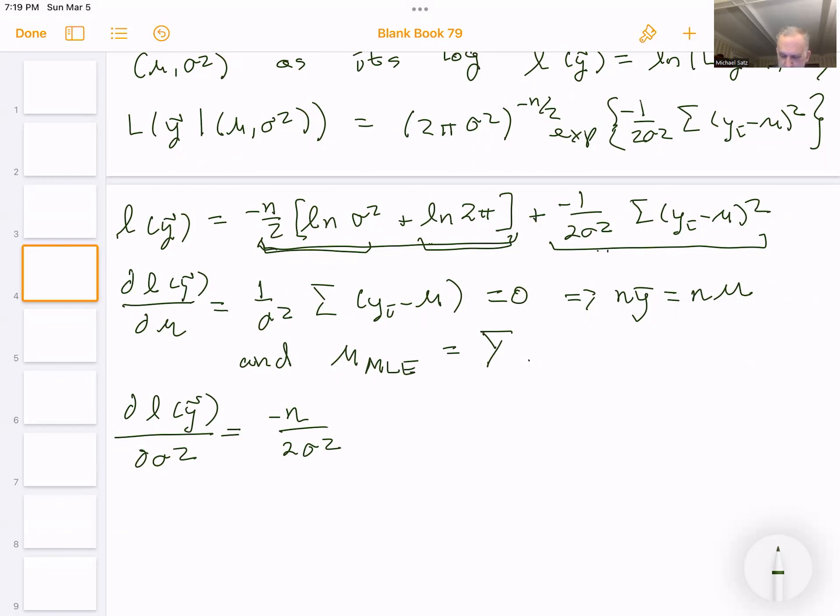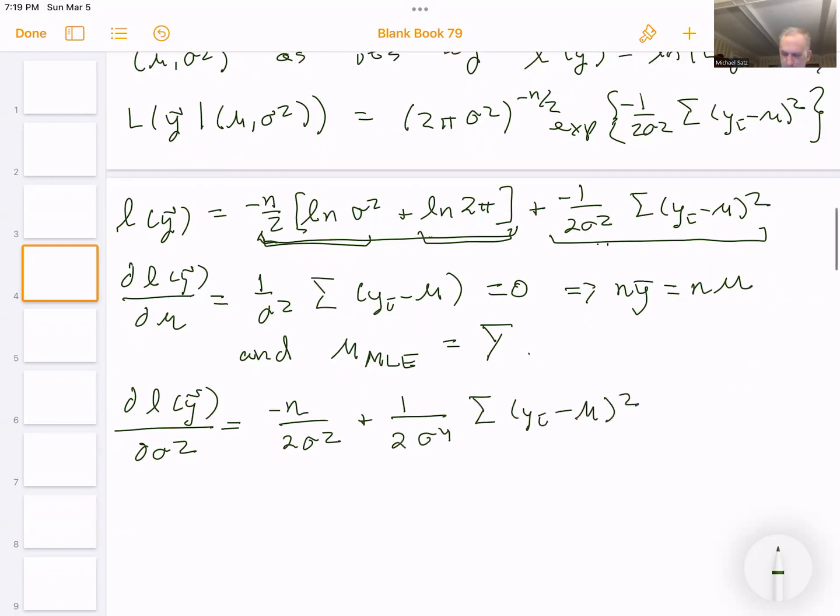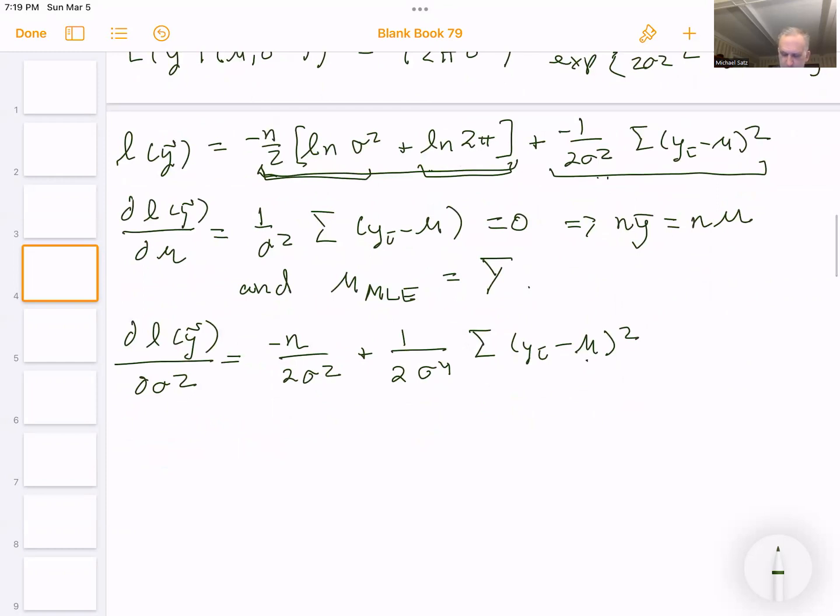So I multiply by minus 1, I get a positive number, and I drop the power, so I get plus 1 over 2 sigma to the 4th summation yi minus mu squared. I really want to put the y bar in for mu too, right? Because these are simultaneous equations, so I want to solve for the pair in R2. So this should become y bar. I'll do this on the next line. So we set this equal to 0.